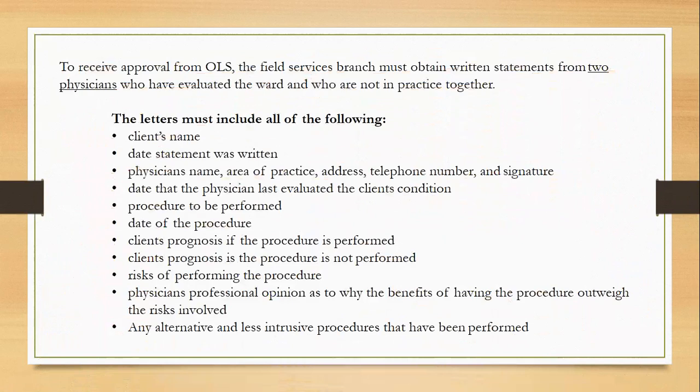The letters must include the client's name, date statement was written, physician's name, area of practice, address, telephone number and physician's signature, date that the physician last evaluated the client, the procedure to be performed, date the procedure will be performed, client's prognosis if the procedure is performed, as well as a prognosis if the procedure is not performed, risk of performing the procedure, physician's opinion why the benefits outweigh the risk, and any alternative procedures that have already been performed.